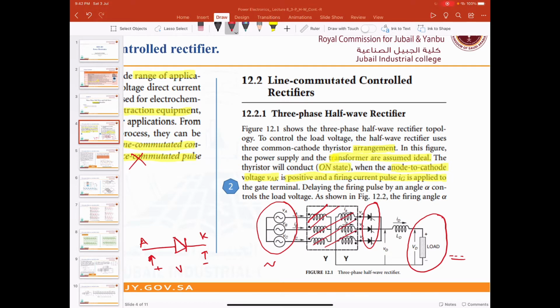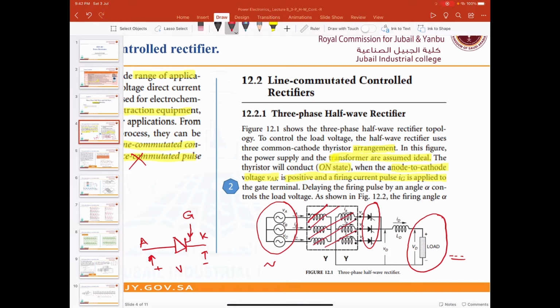Now for the thyristor, I already explained last lecture that we have here something called the gate. We will apply a small pulse here, shabab, in order to fire the thyristor, to turn it on.